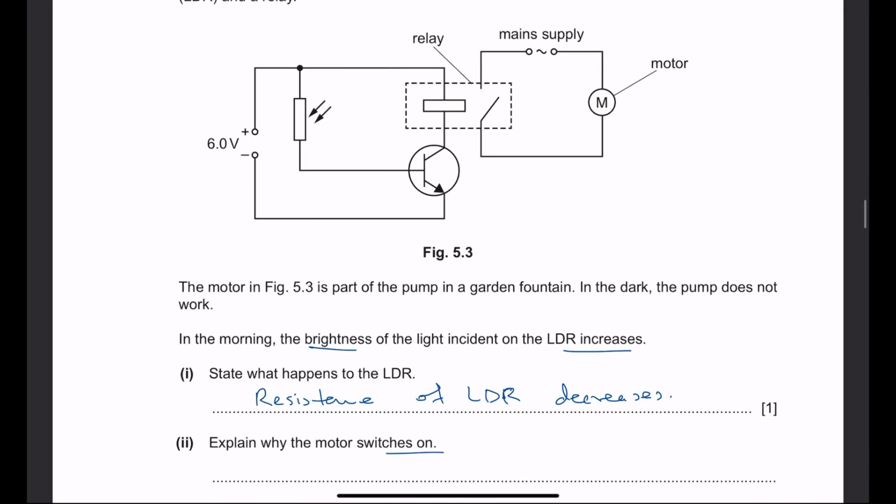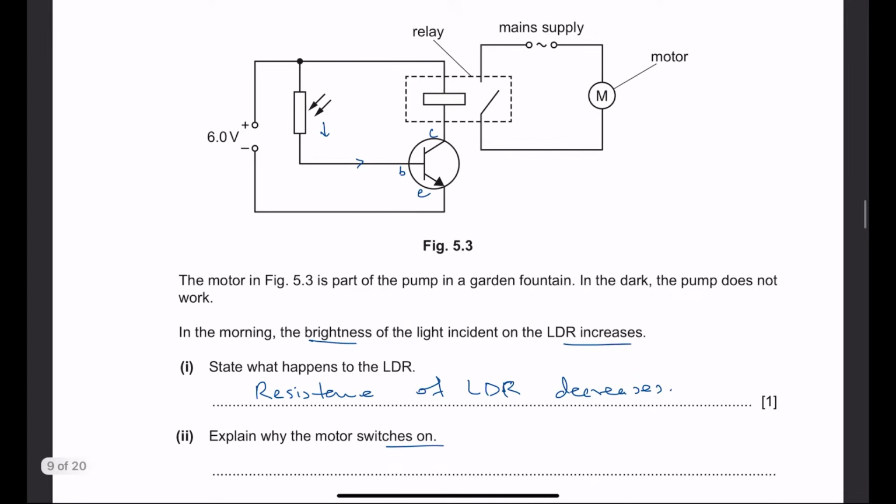Now what happens is, when the resistance of LDR decreases, there will be a current flowing here. Remember, this side of the transistor is called the base, this side is called the emitter, and this side is called the collector. Whenever a small current starts to flow into the base, that's when the transistor switches on, and that's when the current can also flow from collector to emitter. If there is no current here, then no current can flow in this direction as well.